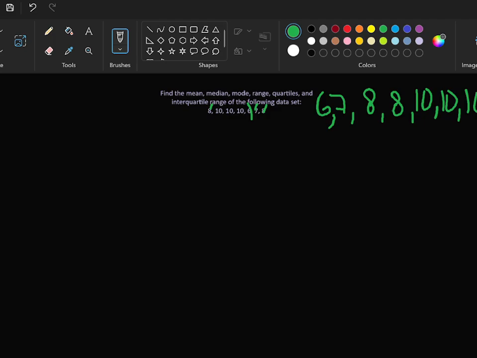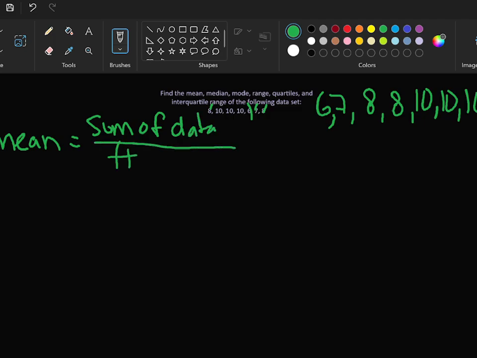So we can still find mean first, because that's usually the first one that people say. So again, mean is the sum of the data divided by the number of data values. In this case, 6 plus 7 plus 8 plus 8 plus 10 plus 10 plus 10 gets us 59. And then there are 7 data values, so we're going to divide.